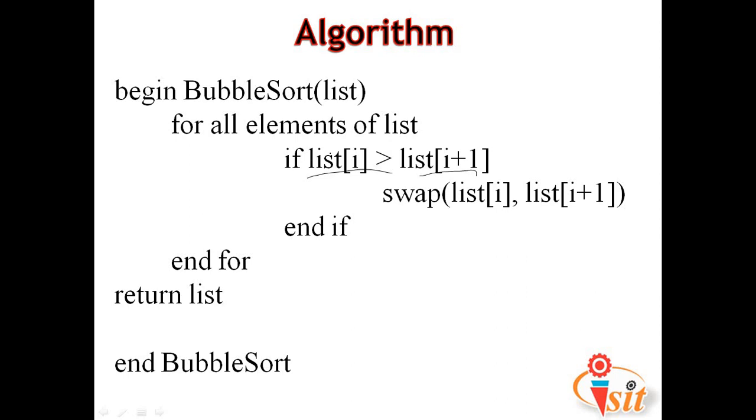If the first element is greater than the second element, we need to swap them. If the first element is less than the second element, there is no need to swap; directly we move to the next element. This is how the bubble sort algorithm works.